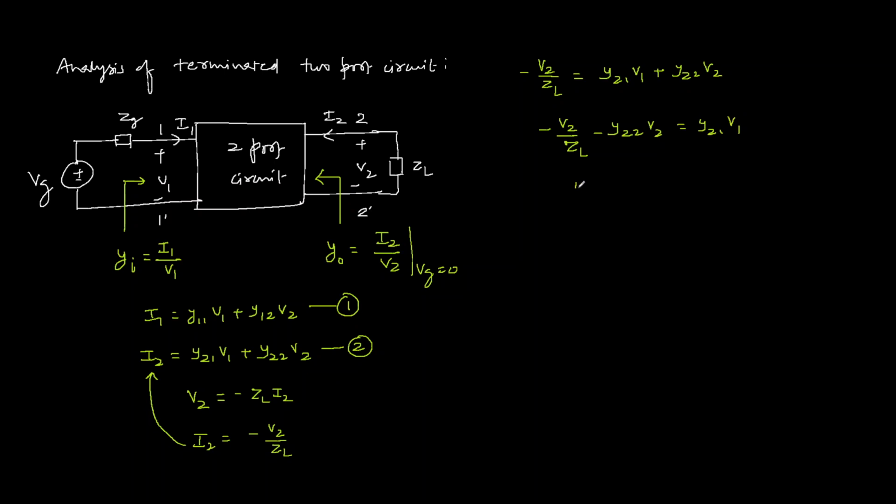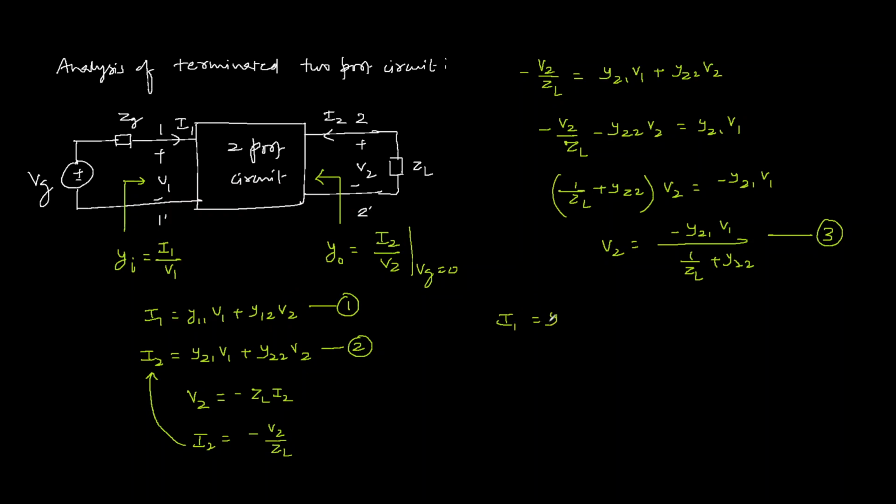So (1 over ZL plus Y22) times V2 is equal to minus Y21 V1, or V2 is negative Y21 V1 over (1 over ZL plus Y22). This is the third equation, and we have to substitute this V2 in equation 1.